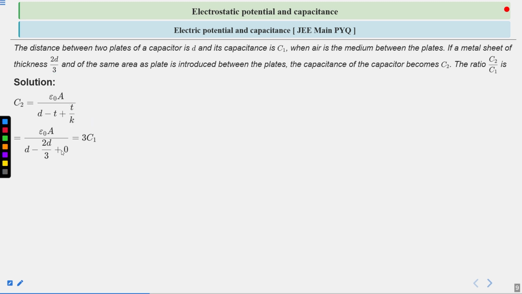After solving this, we will get 3C1. So now take the ratio C2 by C1 equal to 3 by 1. So what is the ratio? 3:1. I hope you understood.